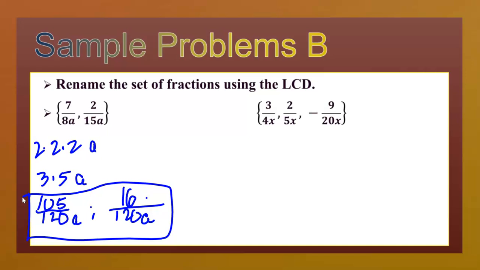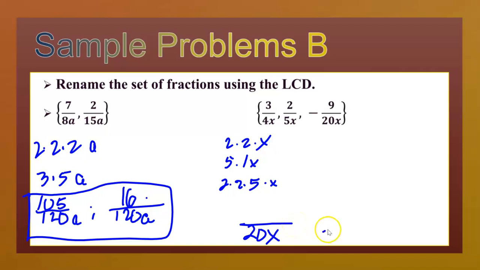This next one, we have 2 times 2 times x. We got 5 times 1 times x. And we got 2 times 2 times 5 times x, which will make it 4 times 5, which is 20. So we have 20x. 4 times 5 is 20, so 3 times 5 is 15.